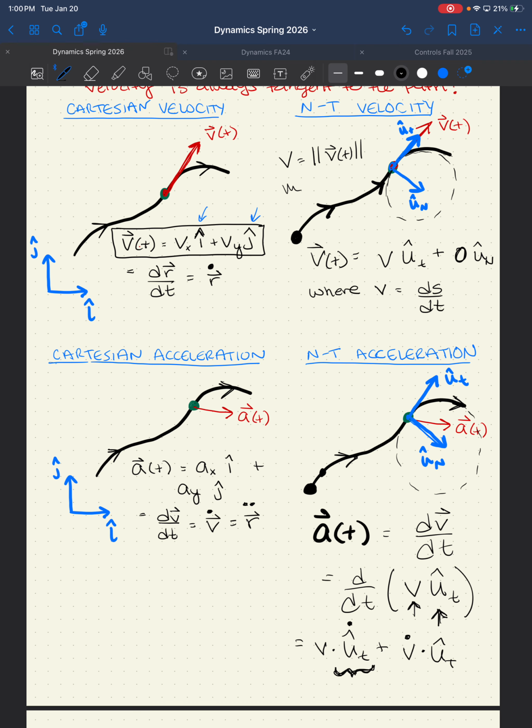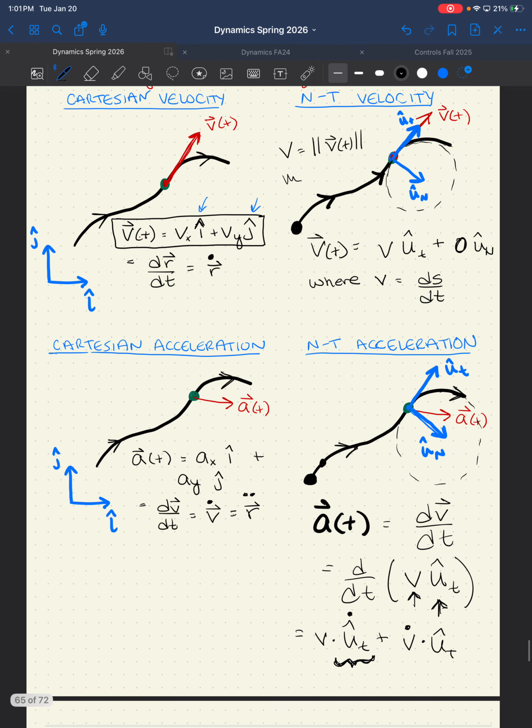I'm not going to go into all those details, okay? Just know that the reason this relationship holds is because of the product rule applied to the unit vector itself, the fact that the unit vector itself is moving.